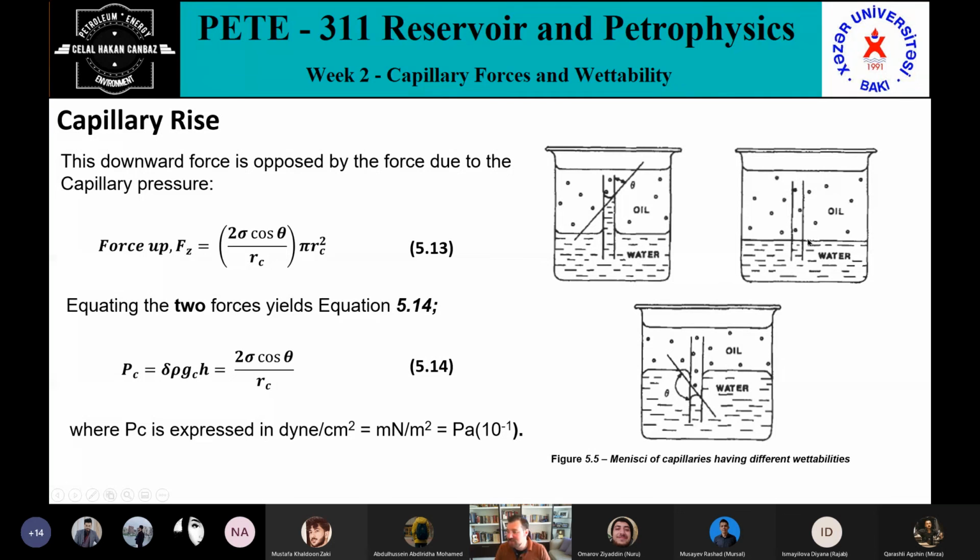So if it is 90 degrees, it's neutral wet. It's not selecting any of them. Let's talk like this. When it becomes 180 degrees, say this is 140 degrees, for example, when it becomes directly the same direction as the capillary tube, which is not possible.